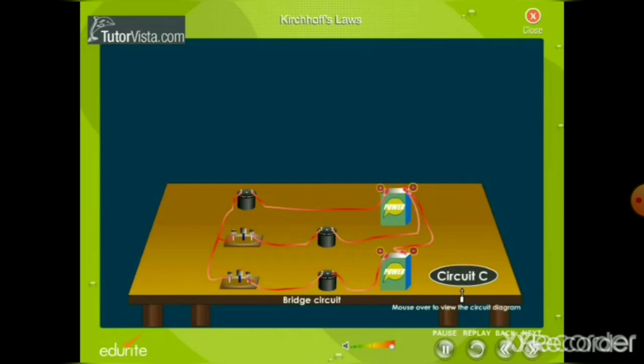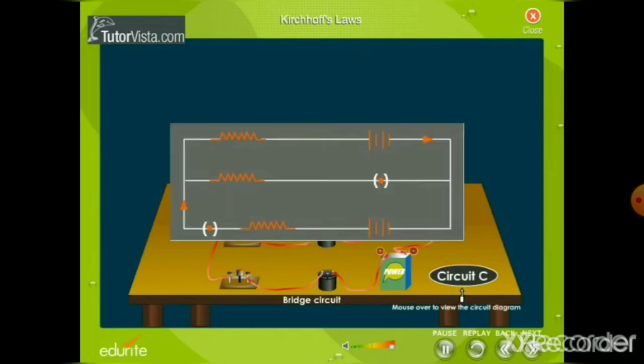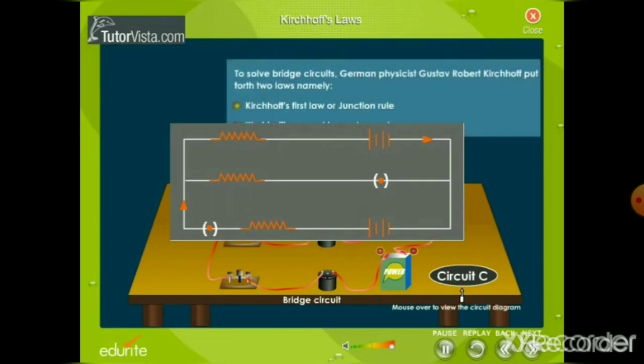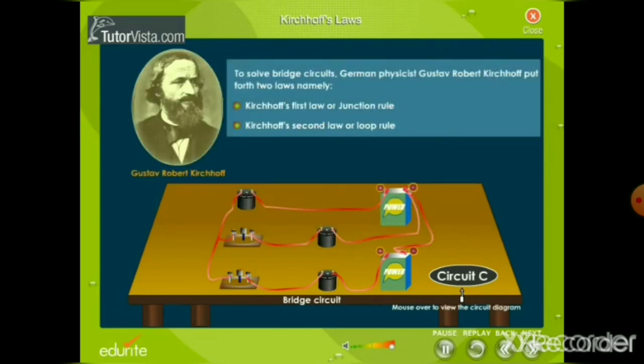But Ohm's law cannot be used to solve complicated bridge circuits having more than one source of EMF. To solve such bridge circuits, German physicist Gustav Robert Kirchhoff put forth 2 laws, namely Kirchhoff's first law or junction rule, and Kirchhoff's second law or loop rule.